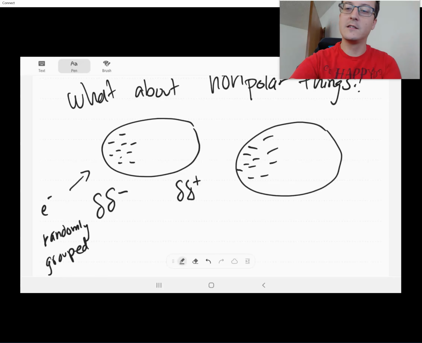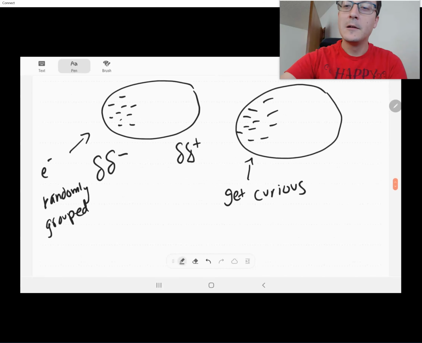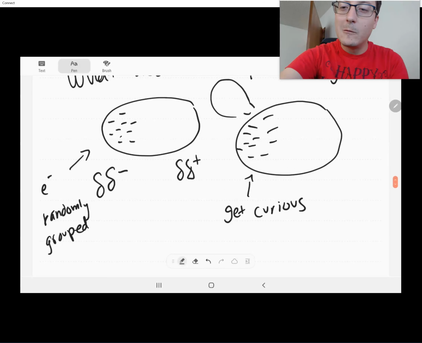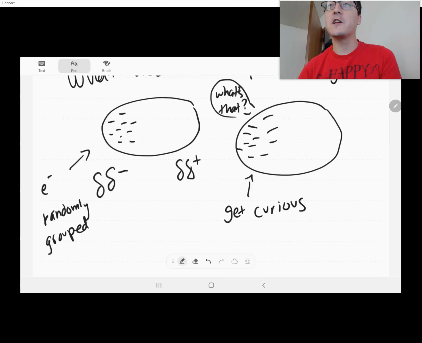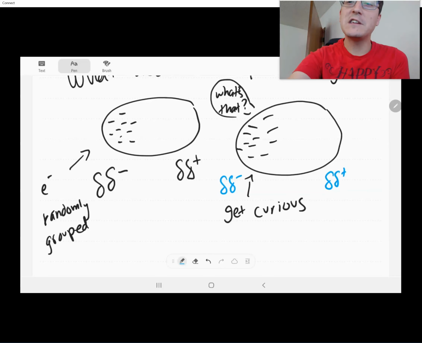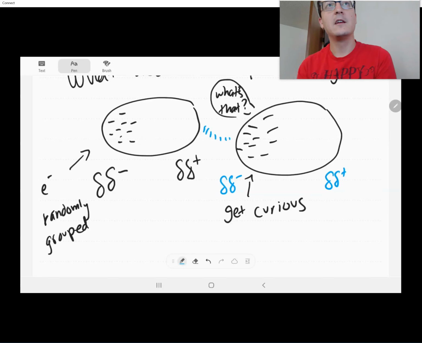They look over at that other molecule, see it's a little bit positive, and go over there. As a result, this now becomes very slightly negative and very slightly positive. And for just a brief instant of time, we have an interaction between these two molecules.